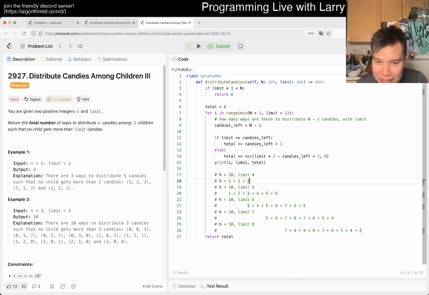I want to say the peak is limit plus 1, but clearly it's not, right? Because here, with limit 5, the peak is 6. But it's because we get chopped off on the left side and the right side, right? So if we're able to figure out why we cut off the 4, 3, 2, 1, and then the 2, 1, whatever thing, right?